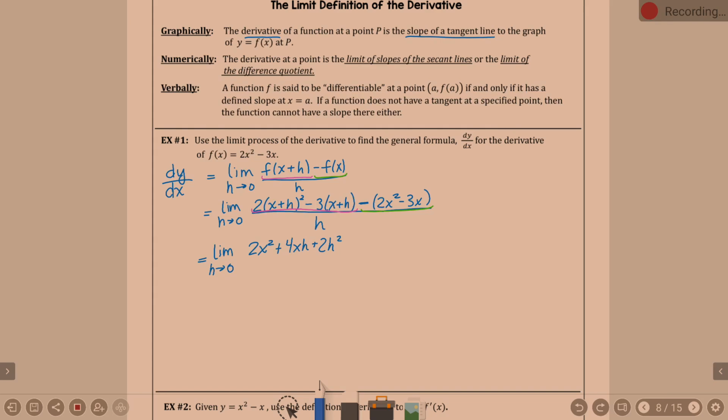I'd lose too many people. Hopefully I'm not losing you. Okay, minus 3 times x plus h is going to be minus 3x minus 3h, if you didn't already apply the minus on f of x, minus 2x squared plus 3x all over h.